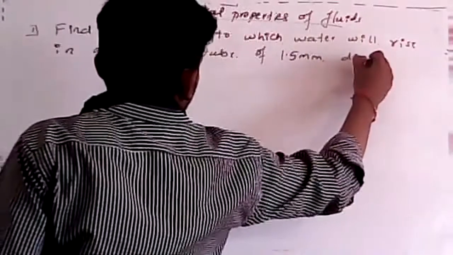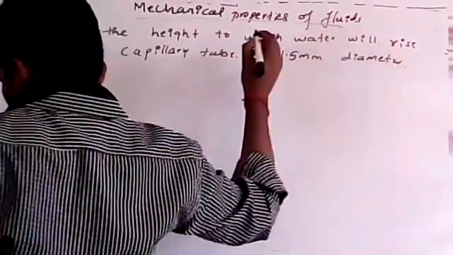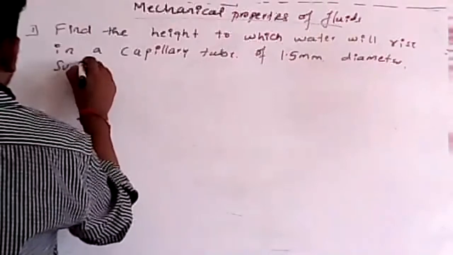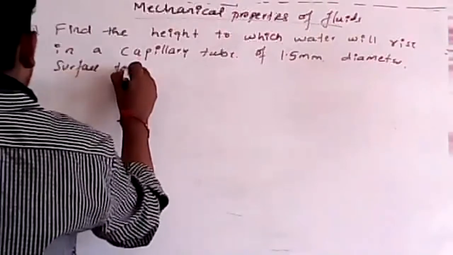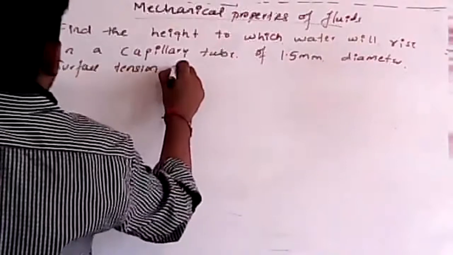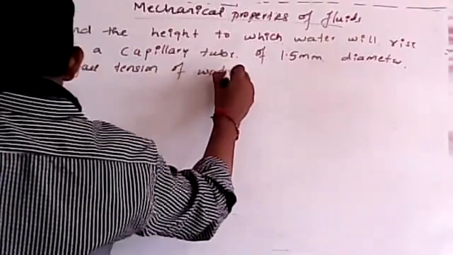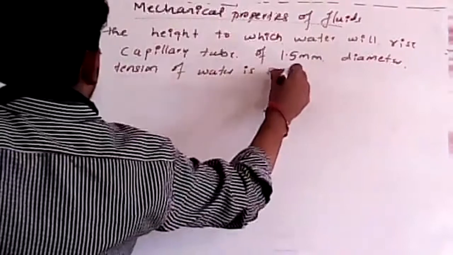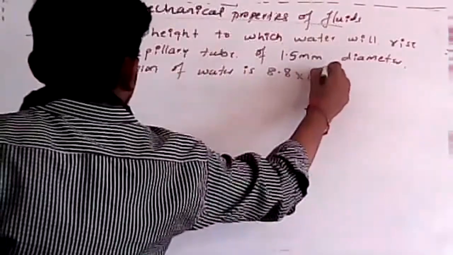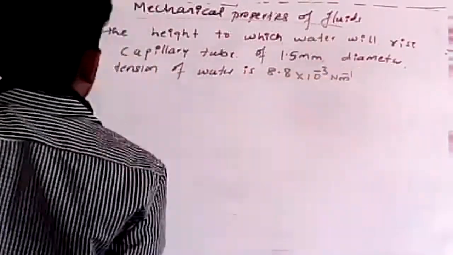Diameter they told. The surface tension of water is also given. Surface tension of water is 8.8 into 10 raised to minus 3 Newton per meter.